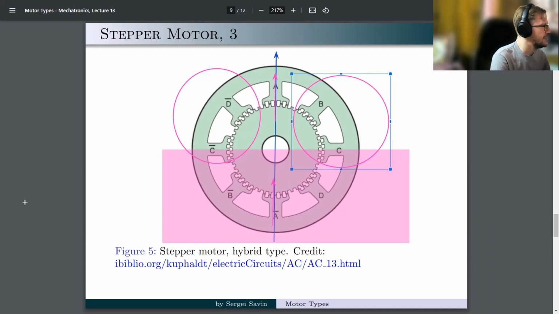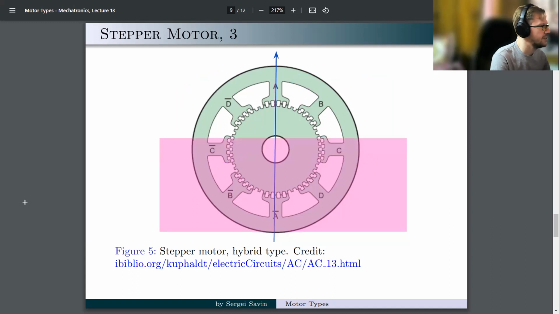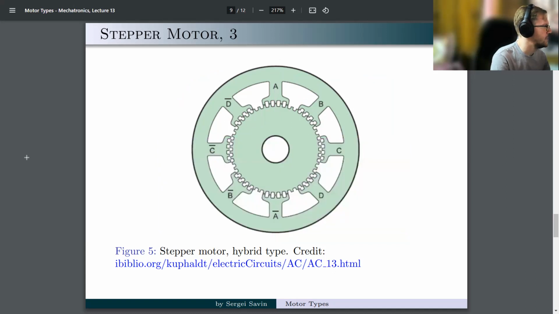Now, let me imagine that we change our direction of the magnetic field. Now we switch on the D circuit. Now what happens is the teeth here are slightly misaligned. So they would want to come into alignment by rotating the rotor a little bit.